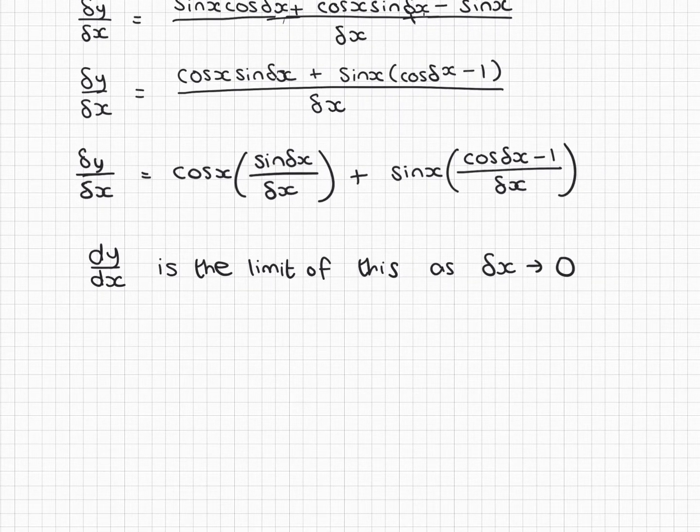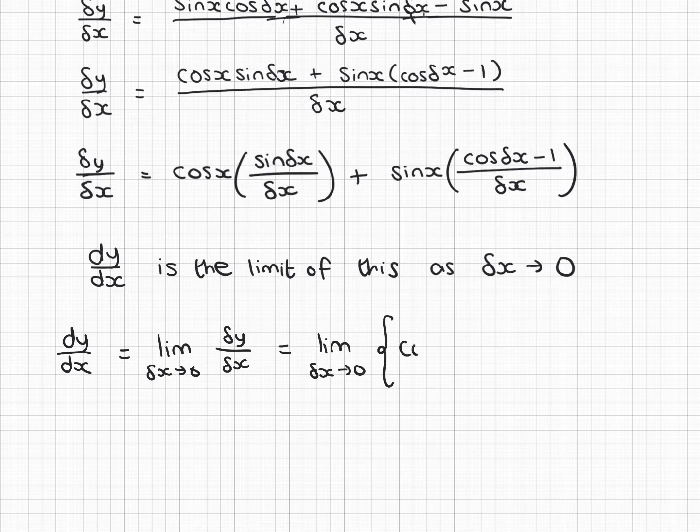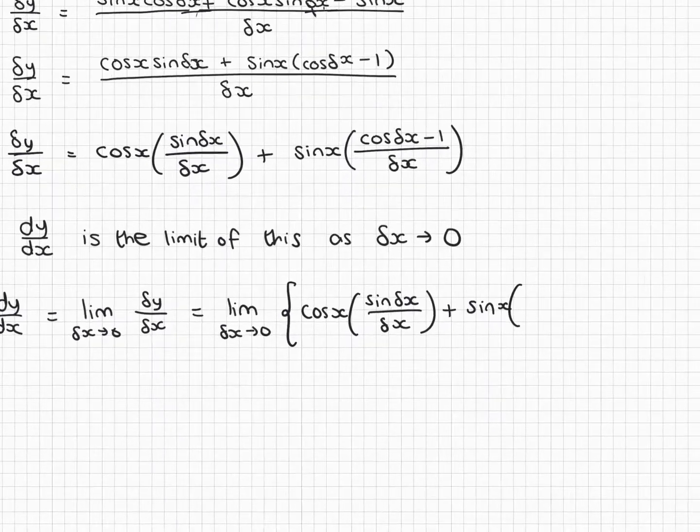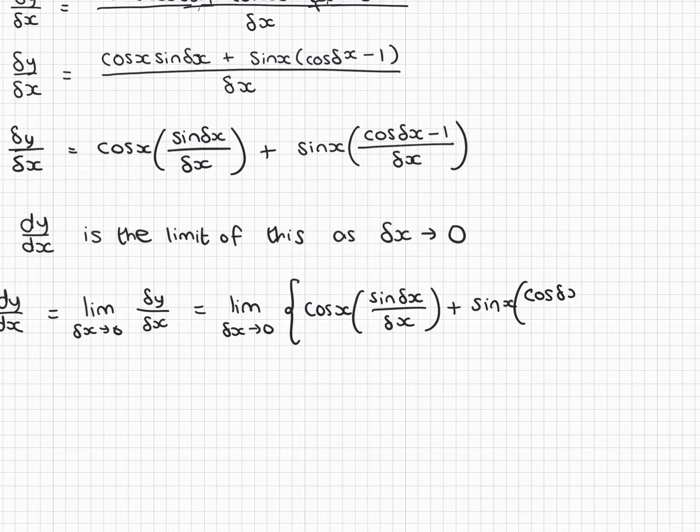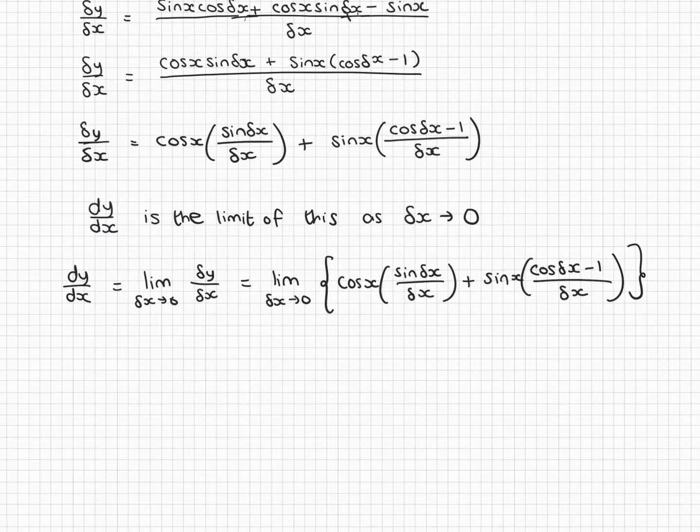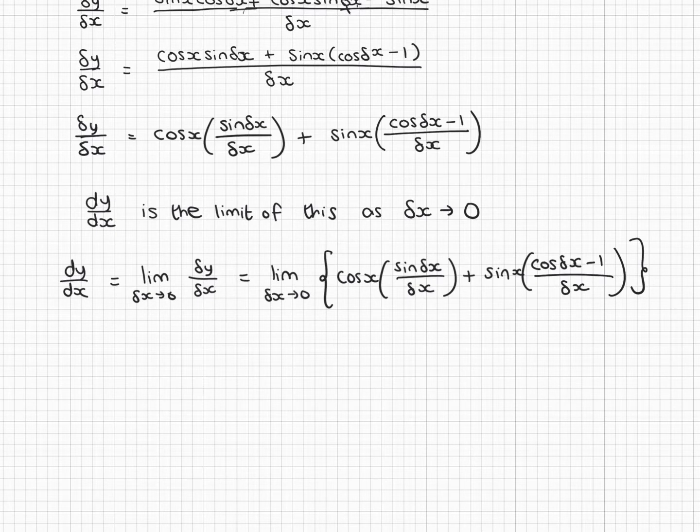So this dy by dx has to be the limit as delta x tends towards 0 of delta y over delta x, which is the limit as delta x tends towards 0 of this thing that I've just written above, cos x sine delta x over delta x, plus sine x, and then it's going to go cos delta x minus 1 over delta x, in my big curly brackets. So that's what I'm looking at.